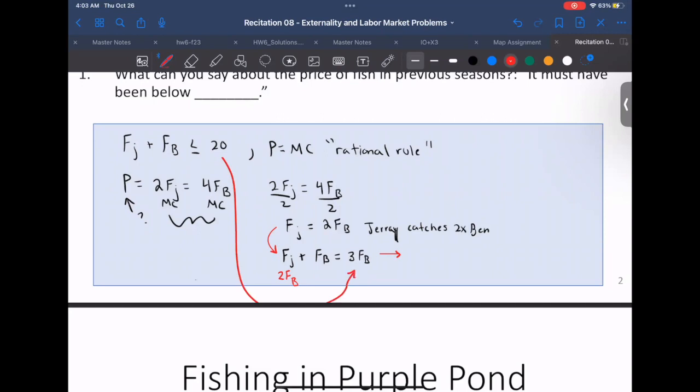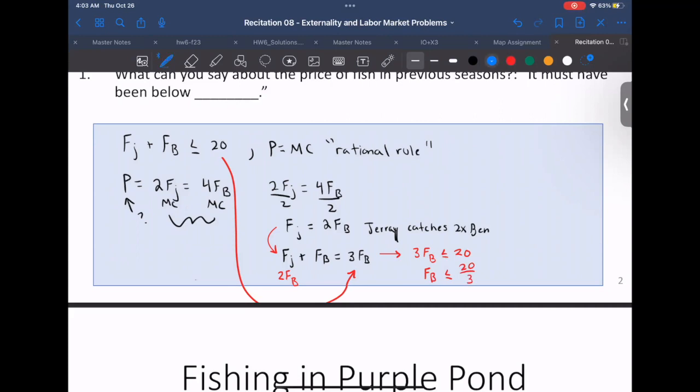Here 3FB is going to be less than or equal to 20, but in this case, we're trying to solve for FB. Then we solve for FB. So FB is going to be less than or equal to 20 over 3.